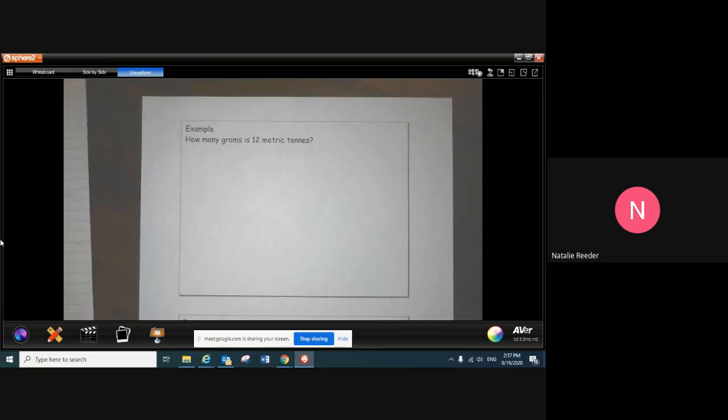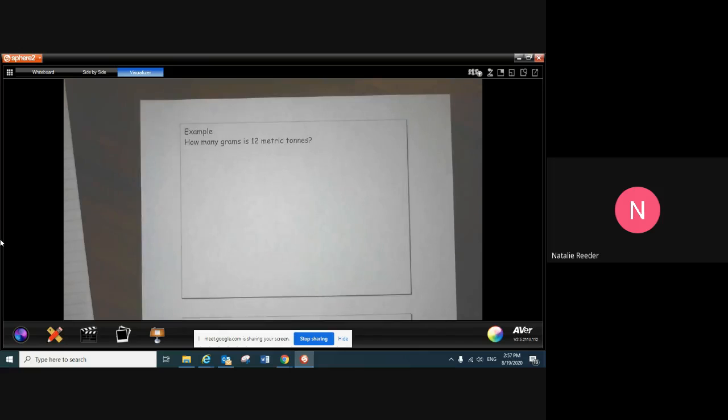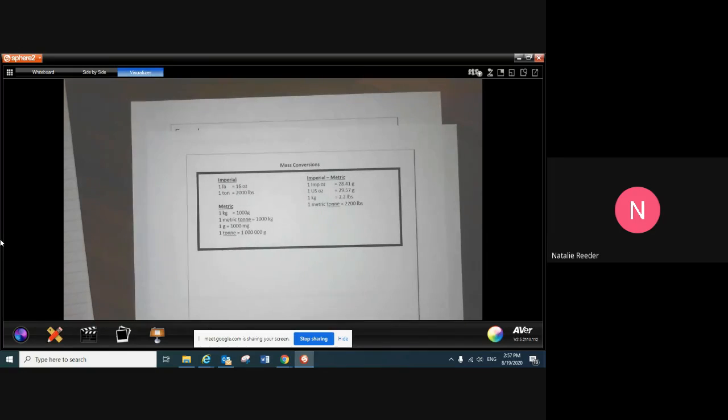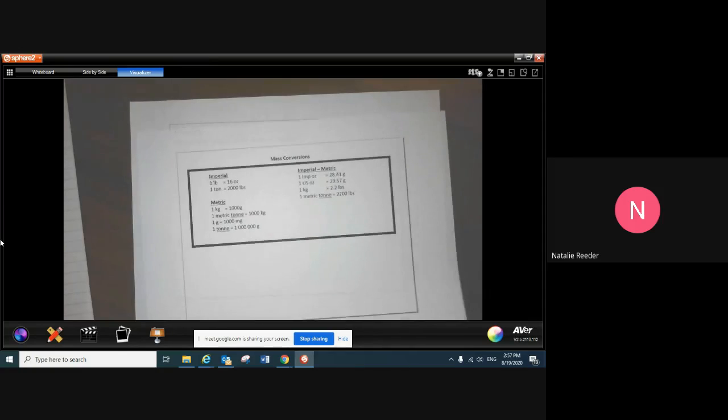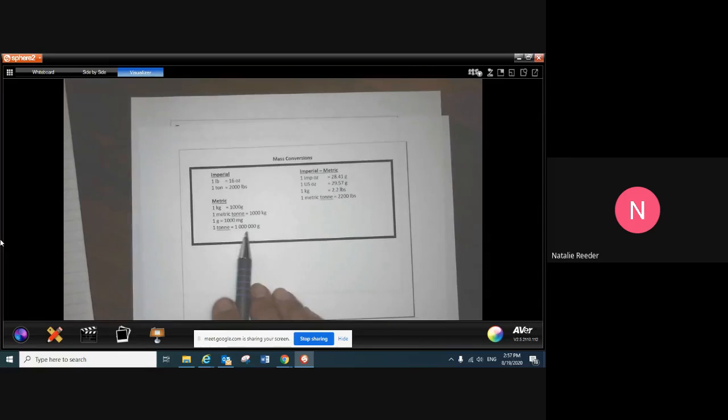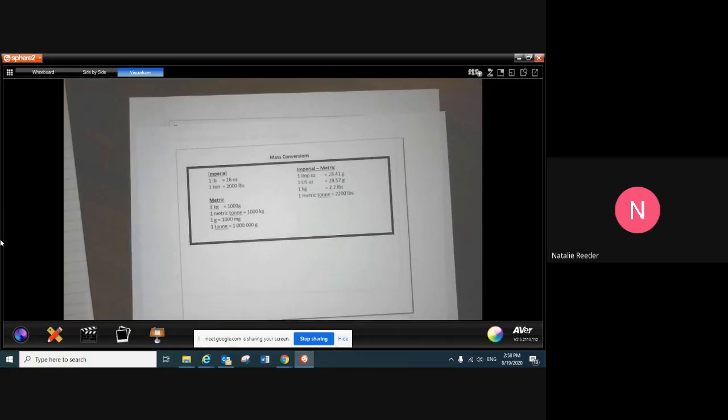Now, how many grams is 12 metric tons? So I'll just pull back our conversion sheet. It says here that 1 metric ton is equal to 1,000 kilograms, but it doesn't tell us how many grams. But it says down here that 1 ton is equal to 1,000,000 grams. We can use that one.